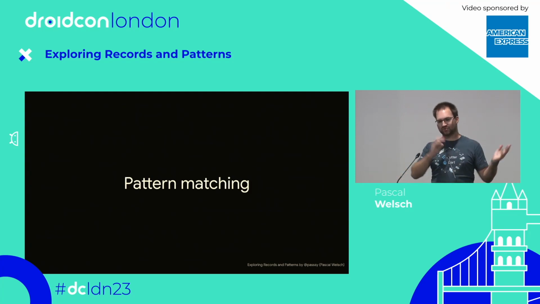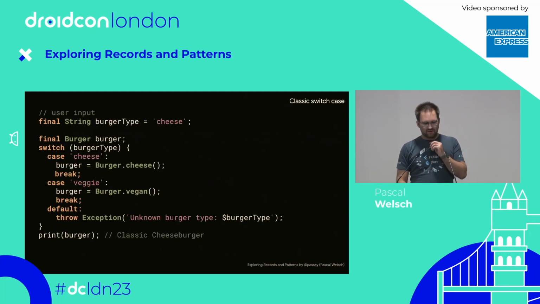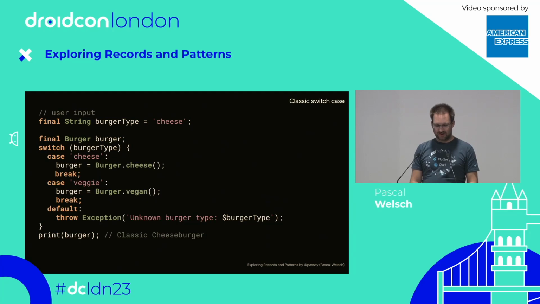Leaving records and destructuring aside, let's go to our next topic, pattern matching. This is a small code I have. We saw our burger so far, and I want to have a switch case and print the correct burger depending on our burger type. This is something you see in your code already, and this is like pre-Dart 3 code.